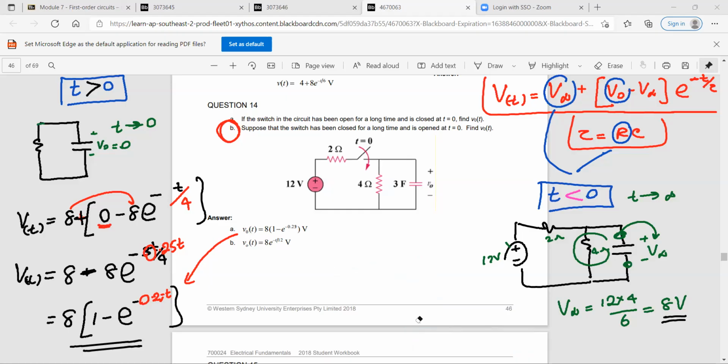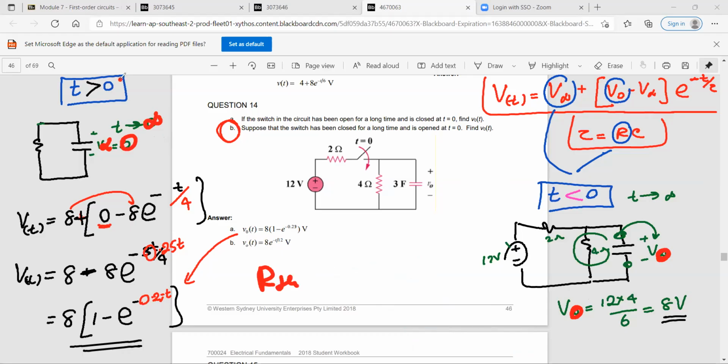Now, if you look at this one, this is your V naught and your V naught is 8. Am I right? And your V infinity is 0. And what is RTH, guys? Which circuit are you looking at now to find the resistance?